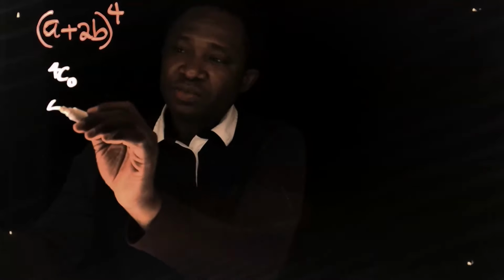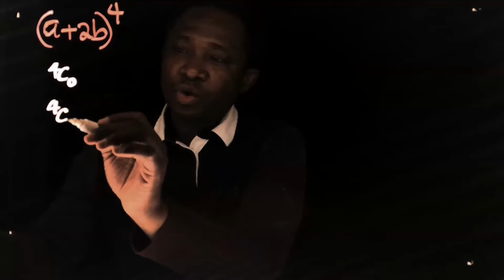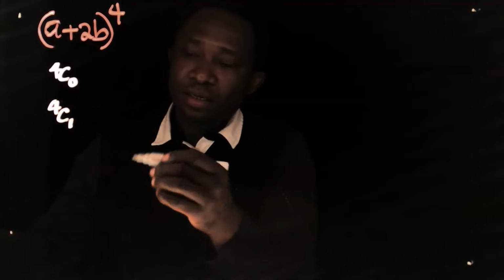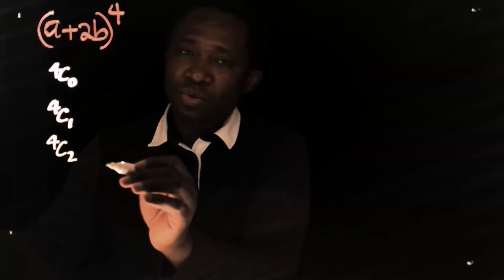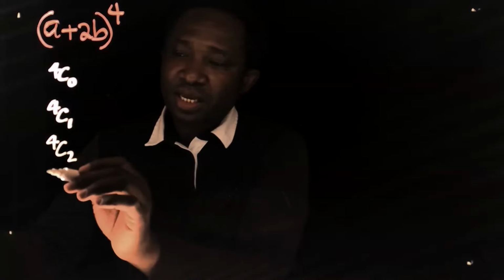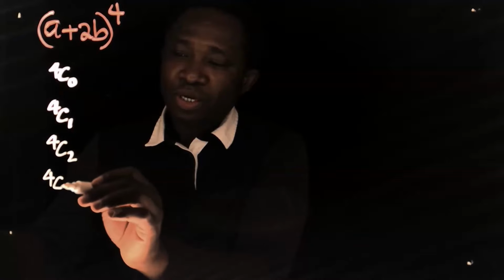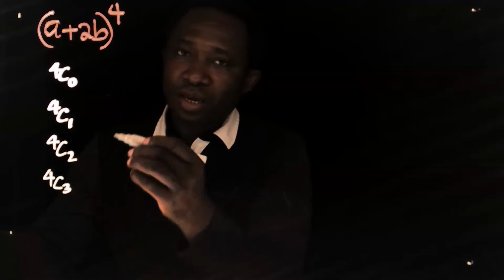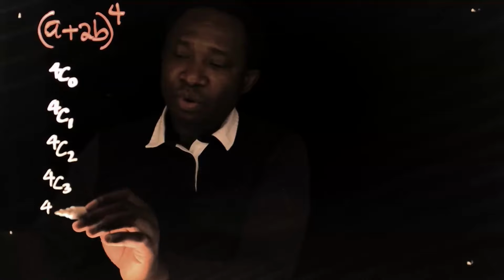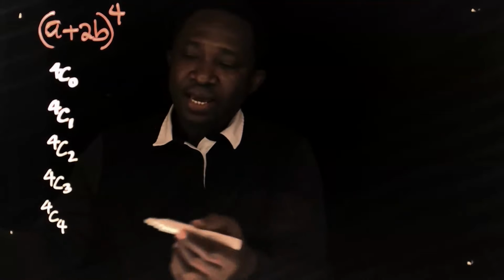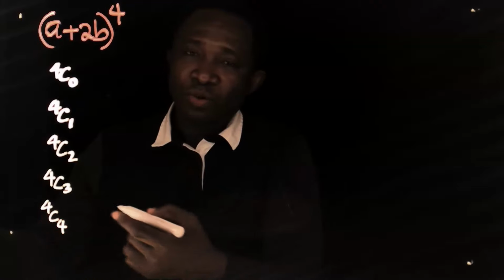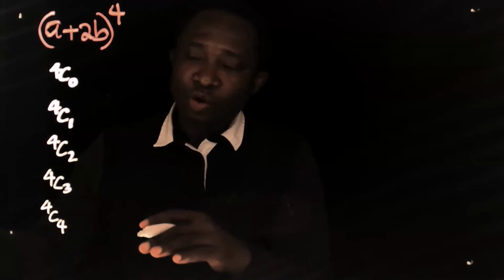The next is 4 combination 1. The next is 4 combination 2. The next is 4 combination 3. And the next is 4 combination 4. Once I get to 4 combination 4, I stop.